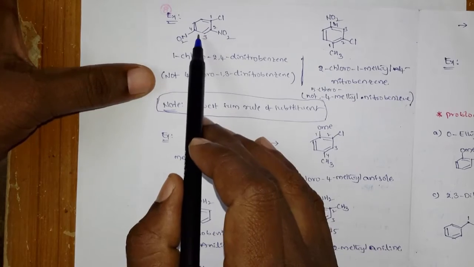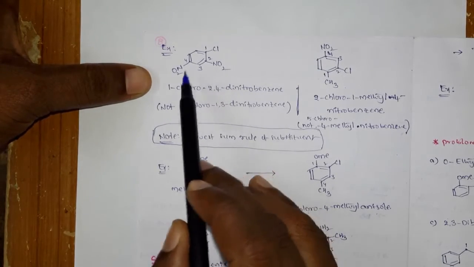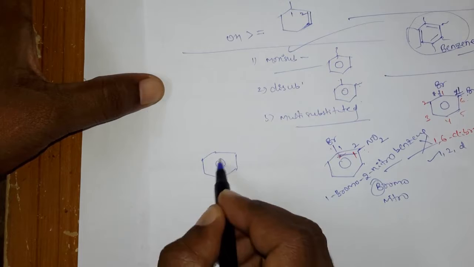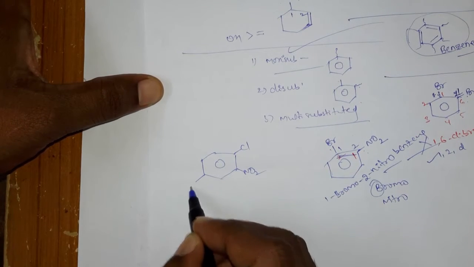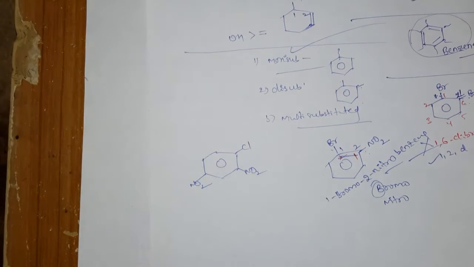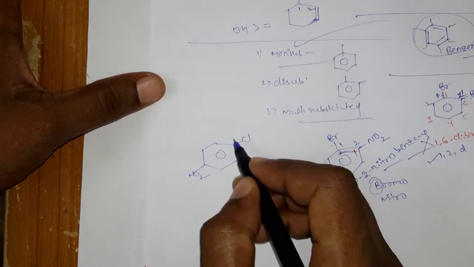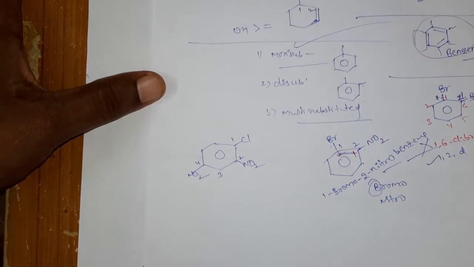A compound is like that. Here chlorine, nitro, nitro. Okay, then start the numbering. When you start the numbering from here, 1, 2, 3 and 4.